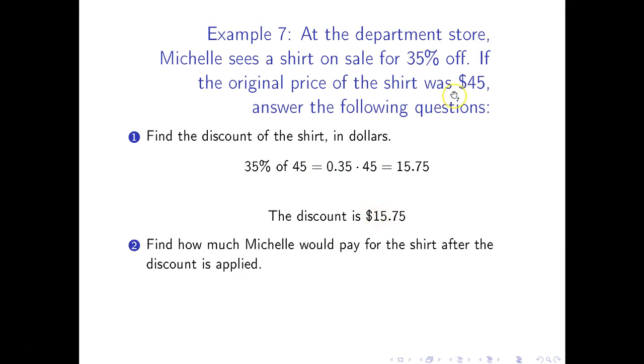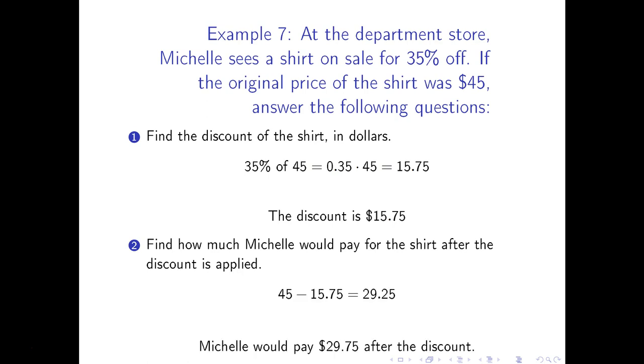Well, if this is the discount, and my original price is 45, what's the new price? What's the sale price? It's 45 minus 15.75, which is 29.25. The final answer shown down here is wrong. It should be 29.25. So Michelle would pay $29.25 after the discount.